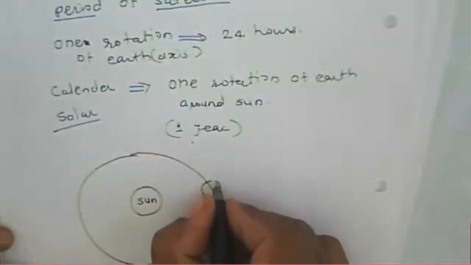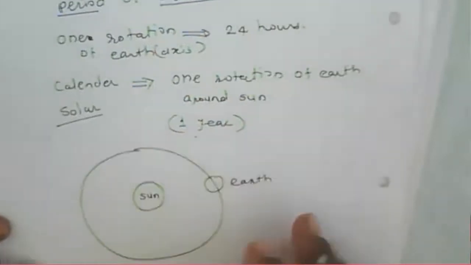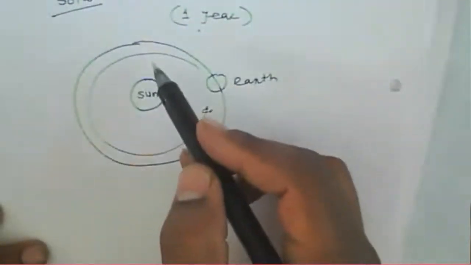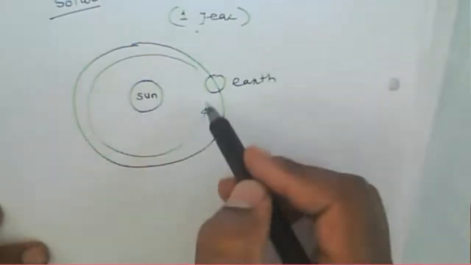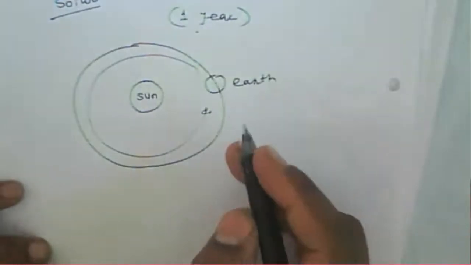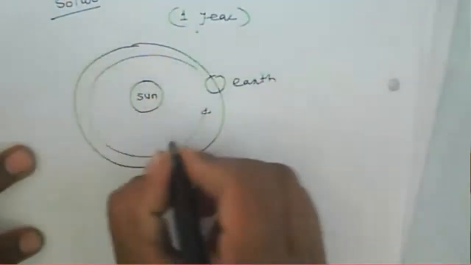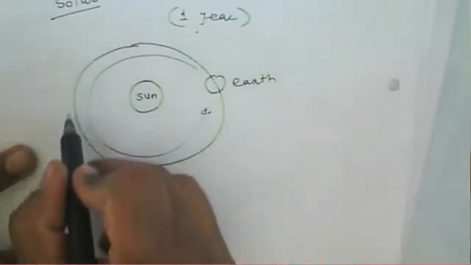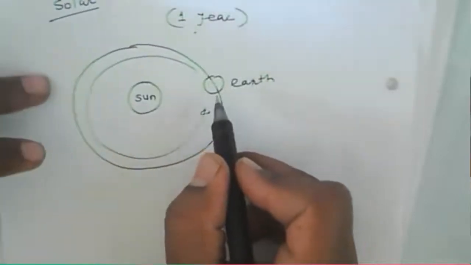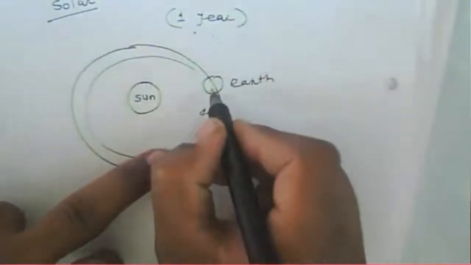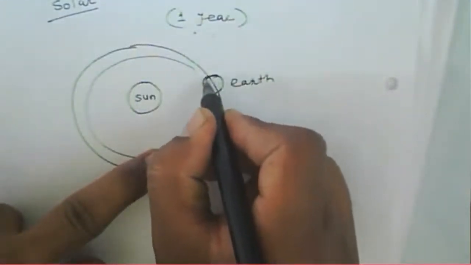This is the Sun and this is the Earth. The time taken by Earth to rotate around the Sun, one complete revolution around it, is 1 year.